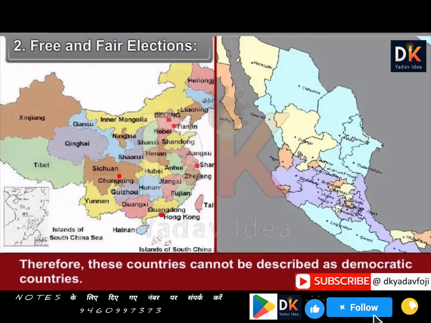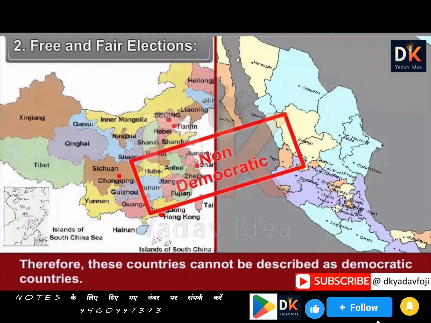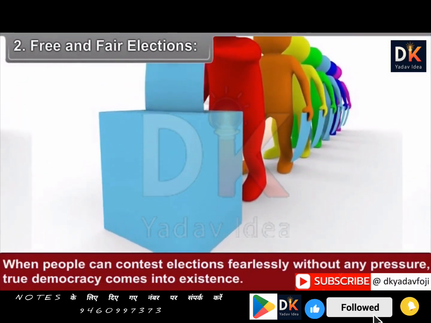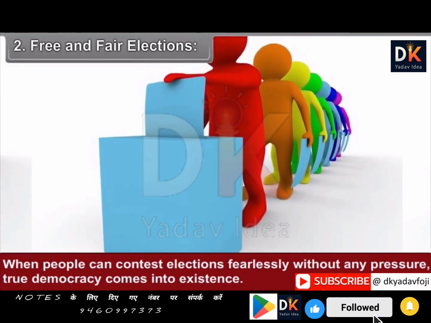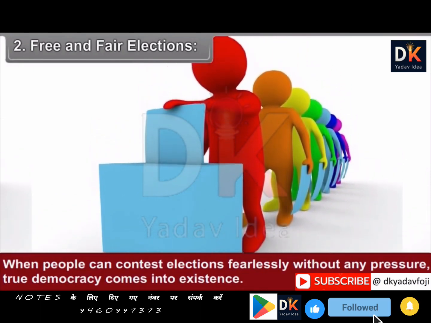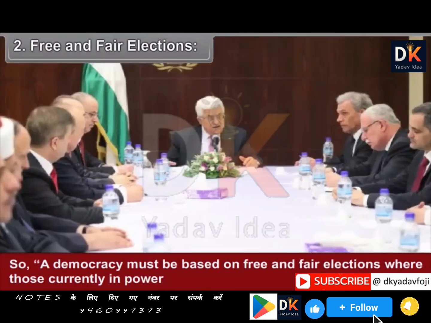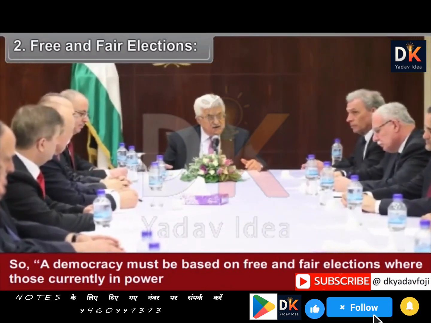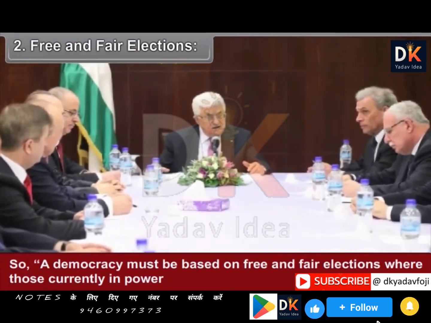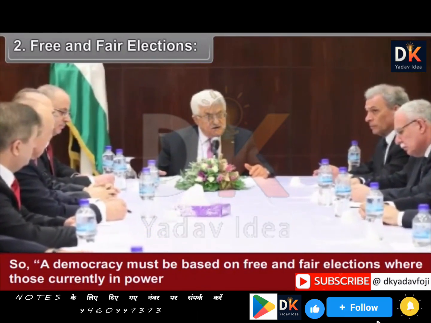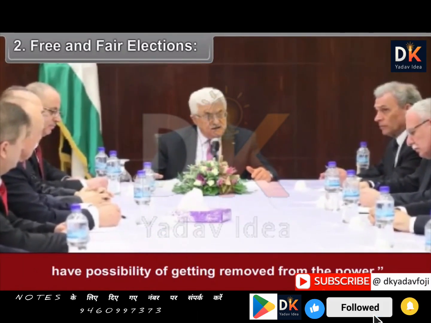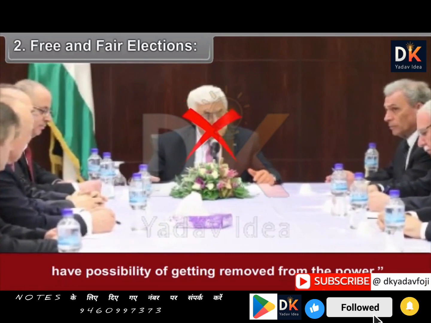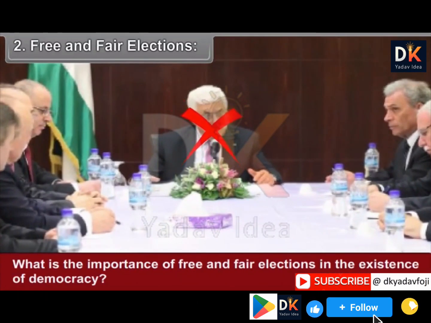Therefore, these countries cannot be described as democratic countries. When people can contest elections fearlessly, without any pressure, true democracy comes into existence. So, a democracy must be based on free and fair elections where those currently in power have the possibility of being removed from power. What is the importance of free and fair elections in the existence of democracy?